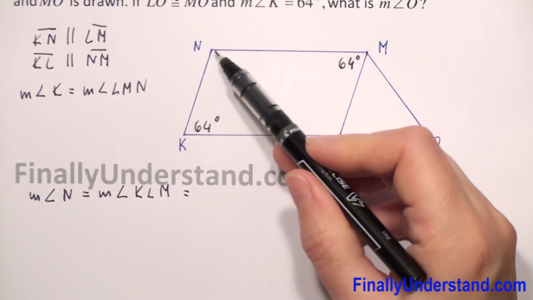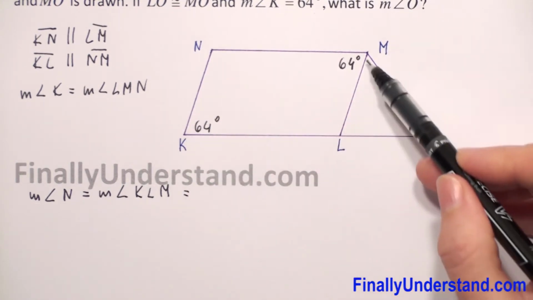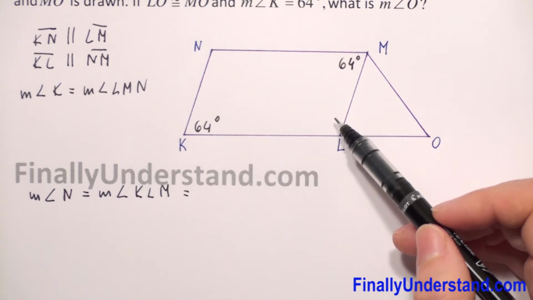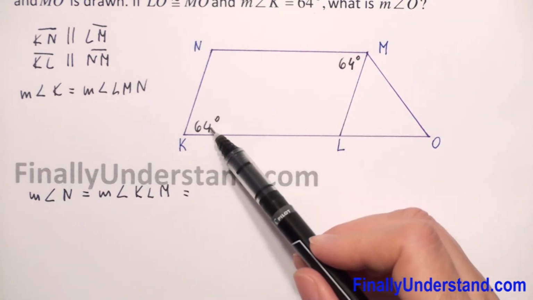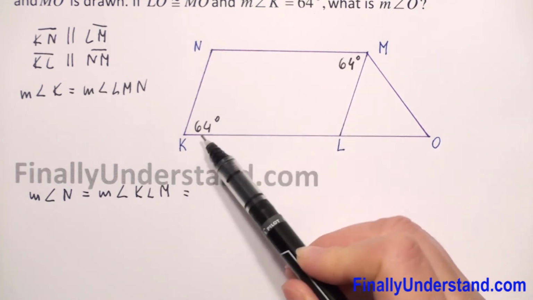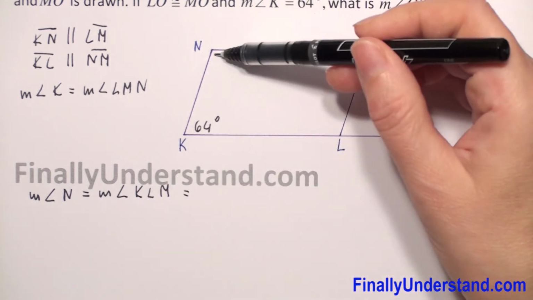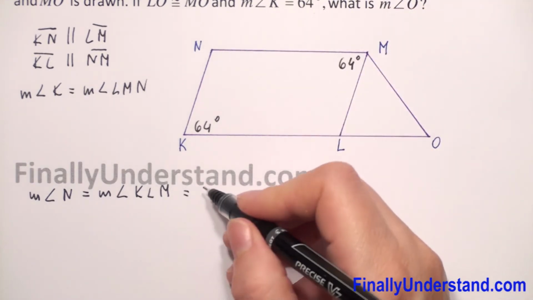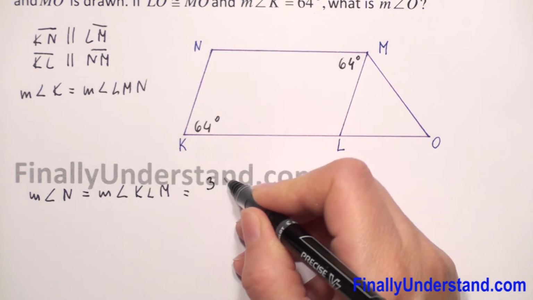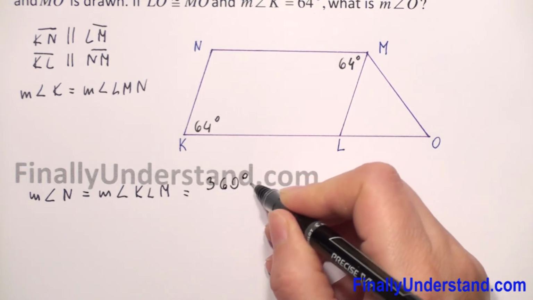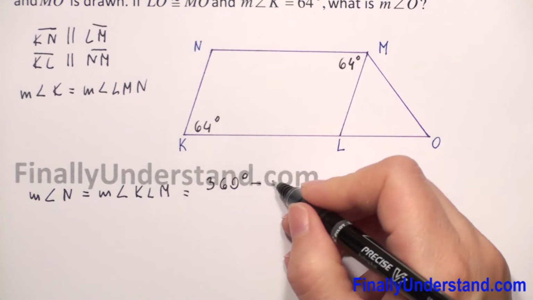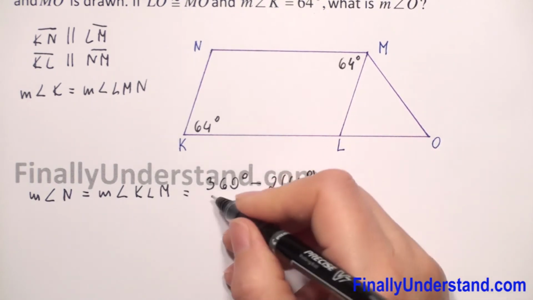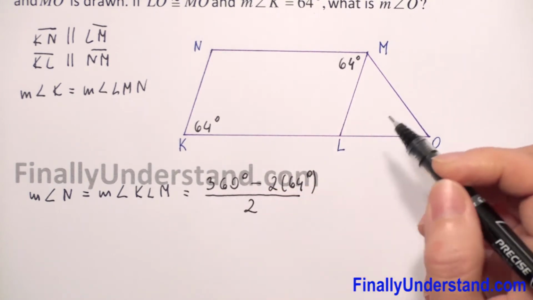And what else? The sum of the measures of the interior angles of a parallelogram is 360 degrees. When we are given these two angles, how do we find the other two? We subtract these two angles from 360 degrees, so 2 times 64 degrees, and divide by 2.